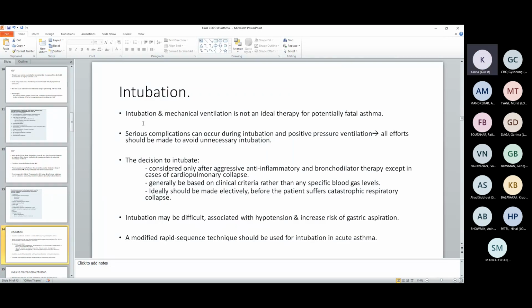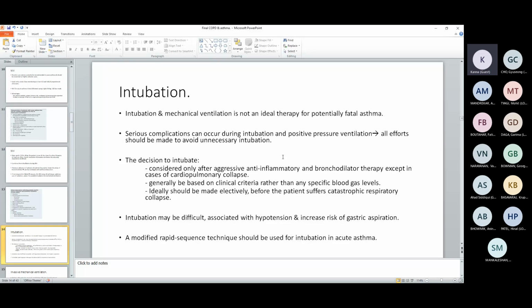Even though we are considering intubation and mechanical ventilation, it is not ideal for every patient with potentially fatal asthma, because even this procedure can be accompanied by serious complications during intubation or mechanical ventilation. So unnecessary intubations should be avoided.